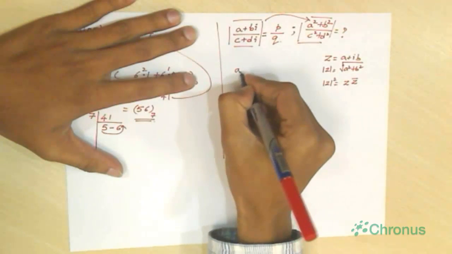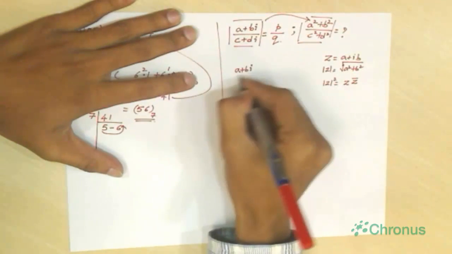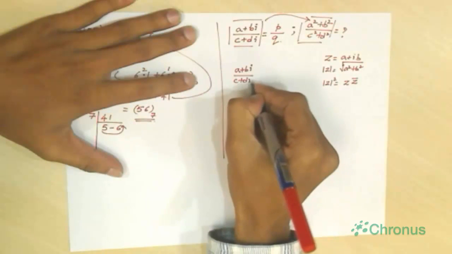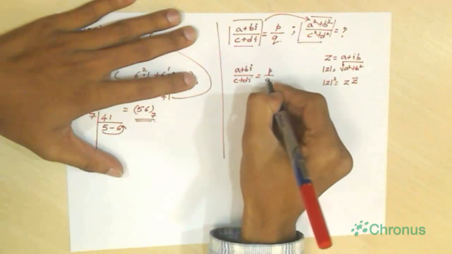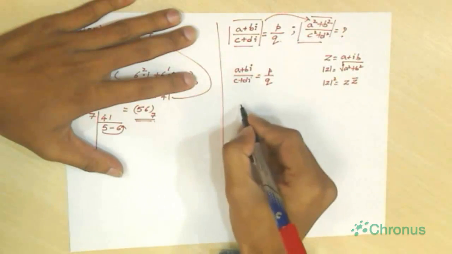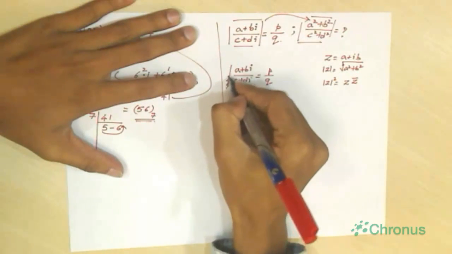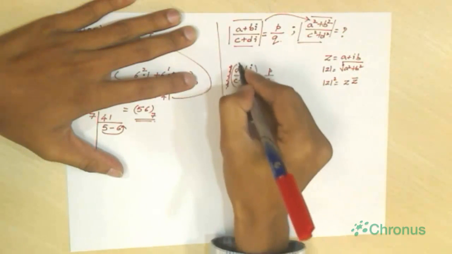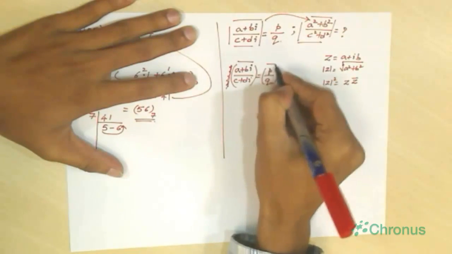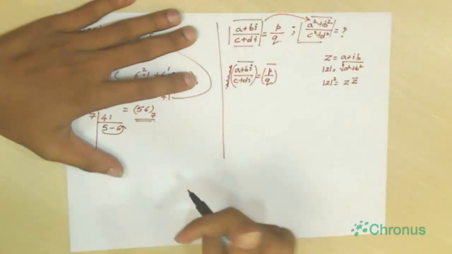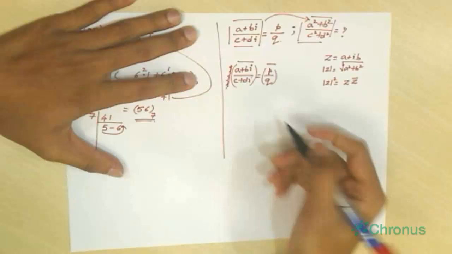We have a plus bi by c plus di is equal to p by q. Let me take the conjugate on both sides. So conjugate is equal to conjugate. And conjugate of a by b is conjugate of a by conjugate of b.